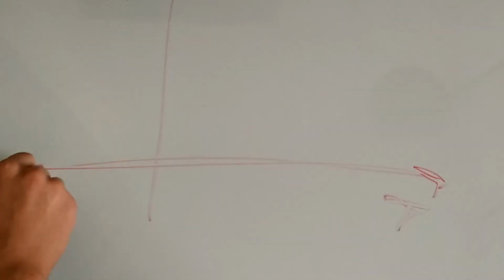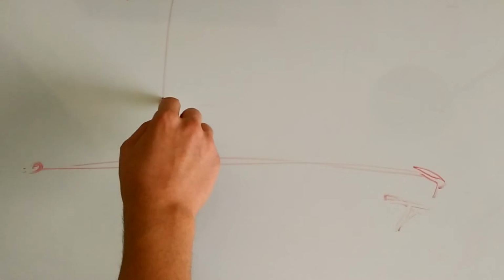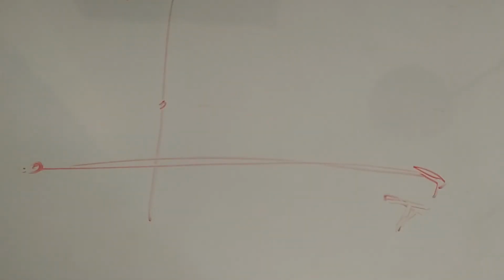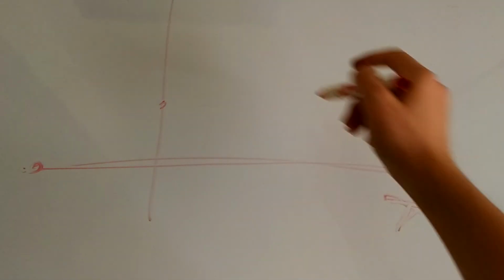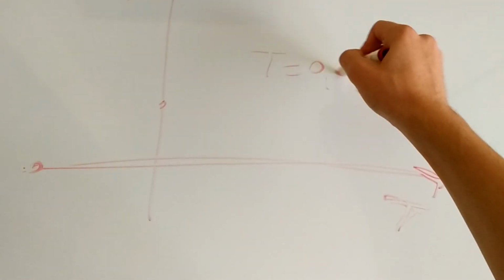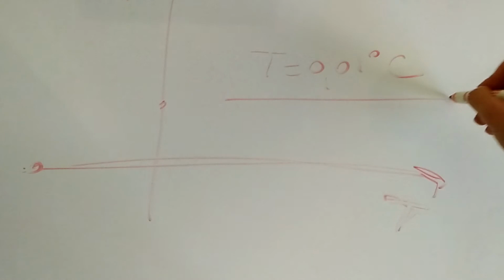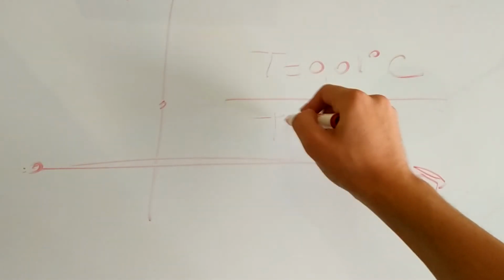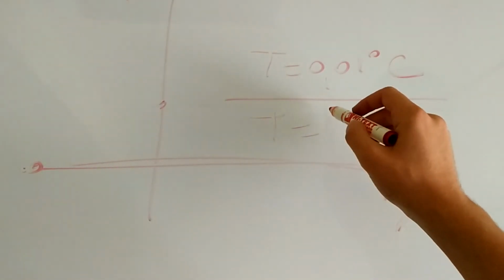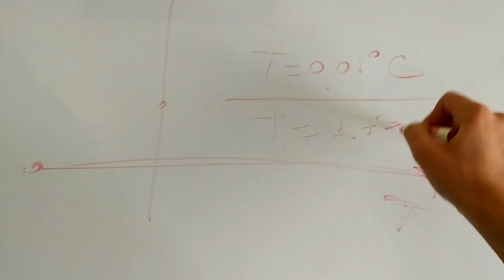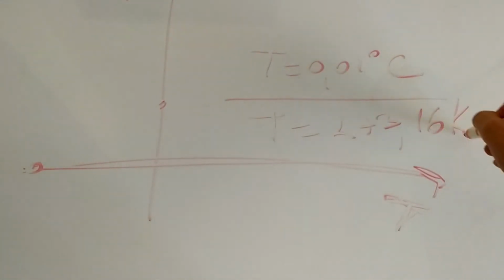The first one was the absolute 0 point, and the second point is called the triple point, the point at which the temperature is 0.01 degrees Celsius, or 273.16 Kelvin.